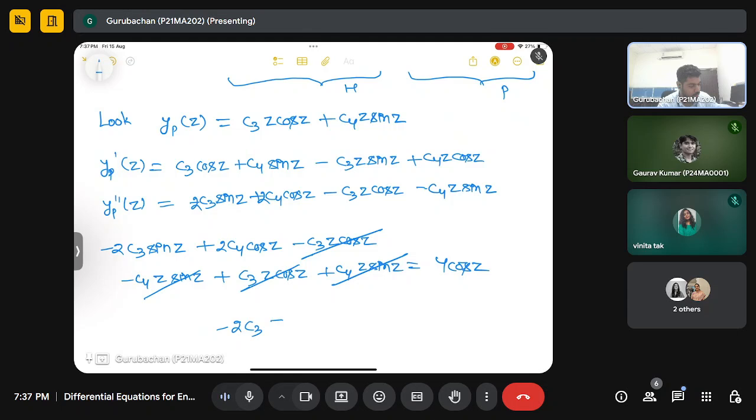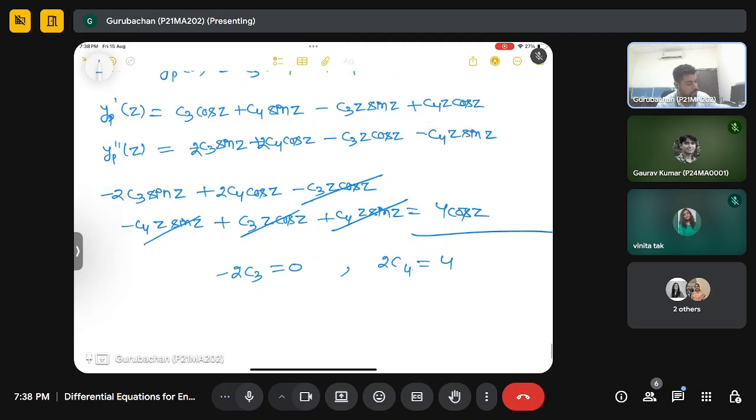Minus 2C3 will be equal to 0, because there is no sin z term, and 2C4 will be 4. So this will give you C3 as 0 and C4 as 2. Let me confirm this. So it is correct.